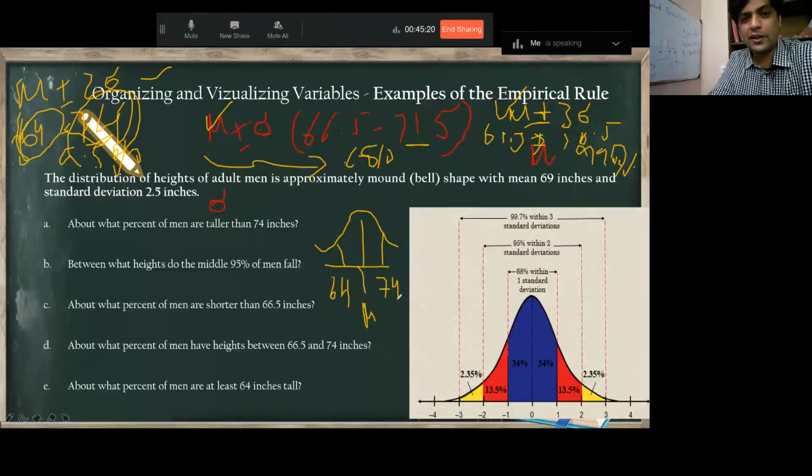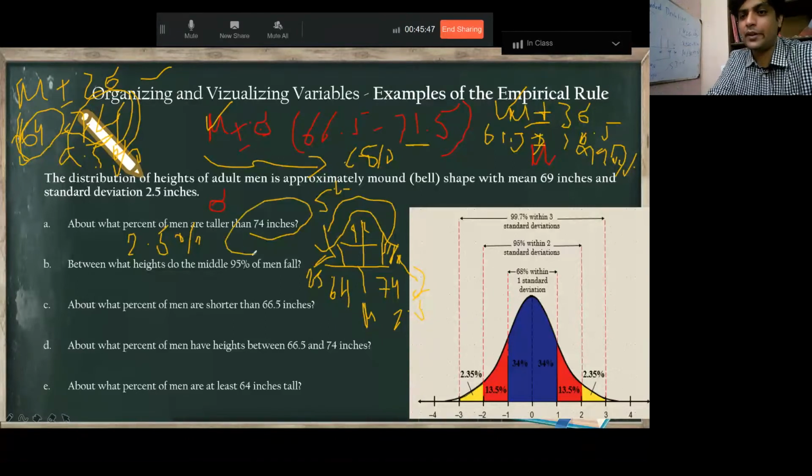So taller than 74 must lie here. If this is 95%, the remaining is 5%. On this side it's 2.5, on this side it's 2.5. So 2.5% of men have a height of more than 74 inches.